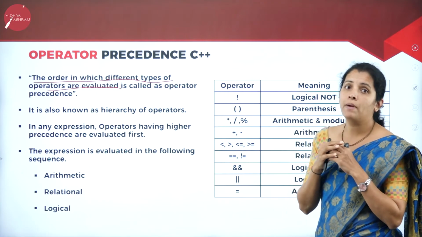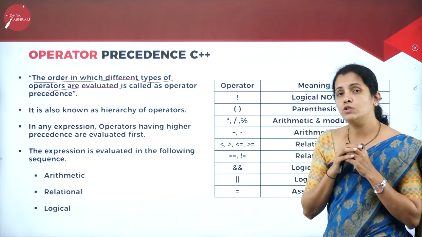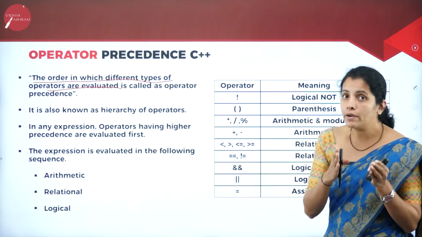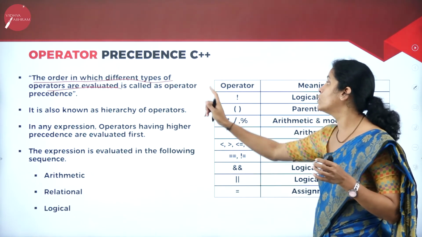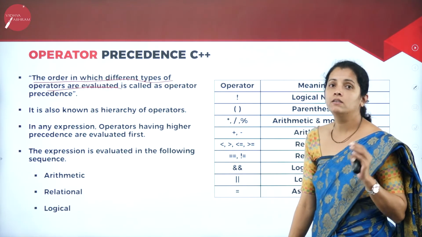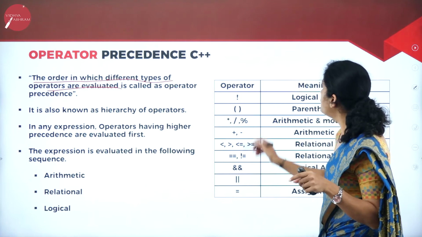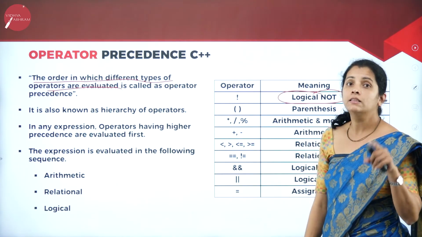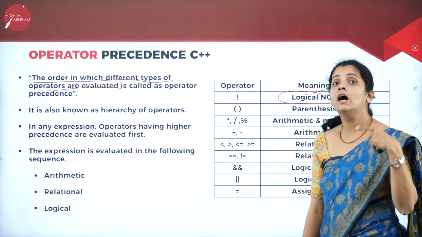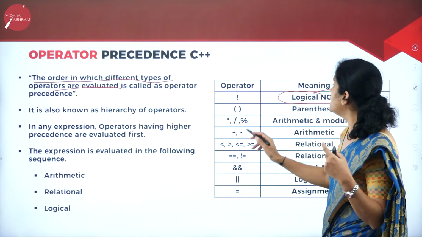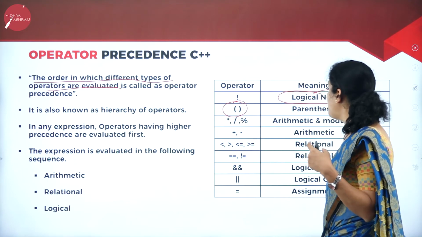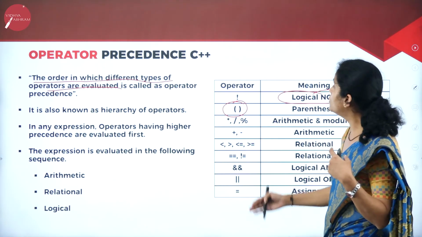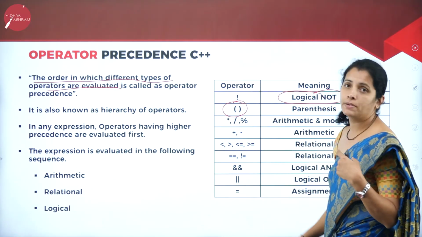At the same time, I want to consider the associativity. So what I want to consider at the beginning is the operator precedence. If I get the logical not operator, then it is going to have the higher precedence. Then if I get the parenthesis, then it is going to get the next precedence.